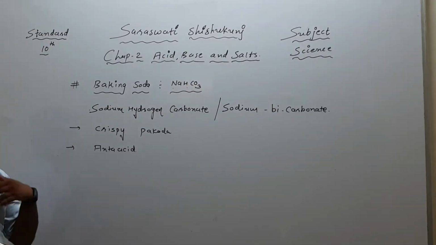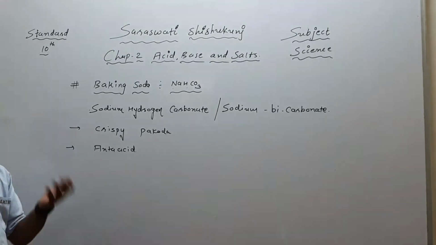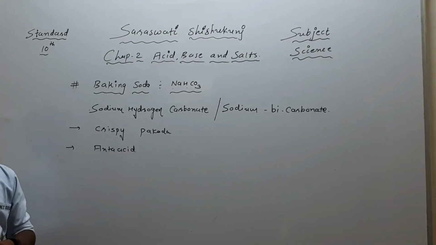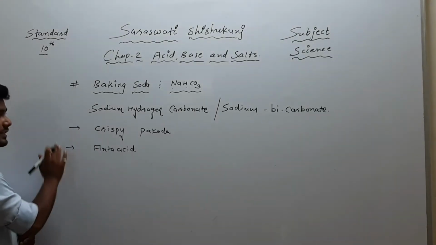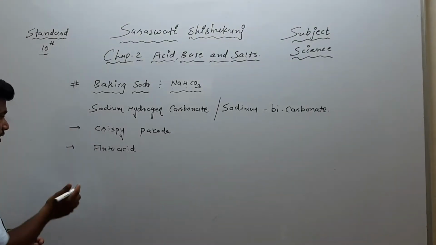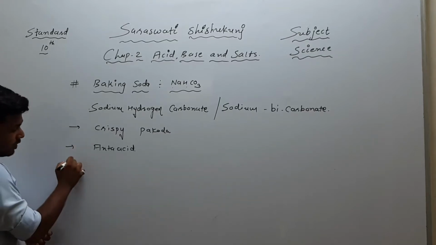Now, in different reactions and different productions, this baking soda is also used as a reactant. Now, how is this baking soda prepared? Let's try to understand it with the help of one reaction.